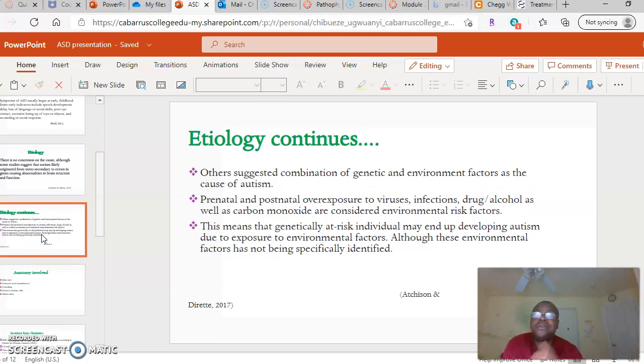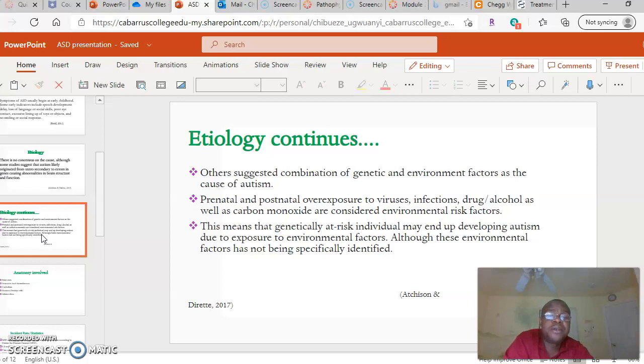Another thing we also need to know is that others suggest a combination of genetic and environmental factors as the cause of autism. Some environmental hazards or exposures that might contribute, especially when a mother is pregnant or when the baby is newly born, are viral infections, drugs or alcohol use, or carbon monoxide exposure, which are considered environmental risk factors for autism.